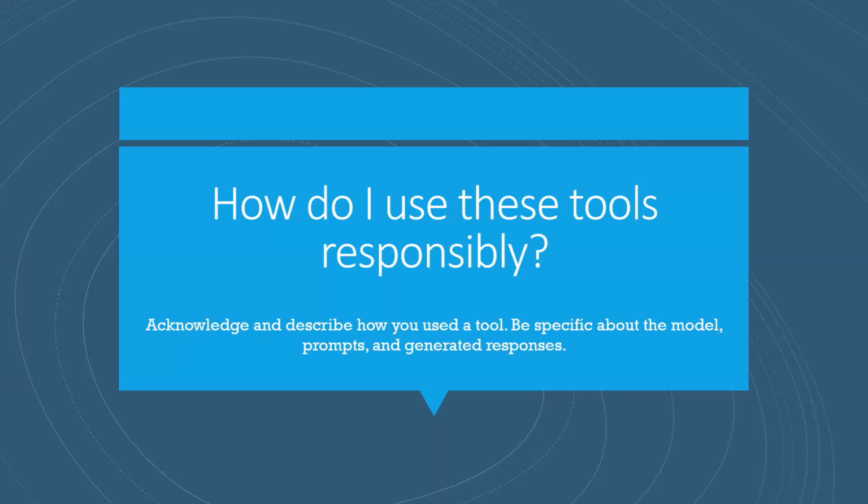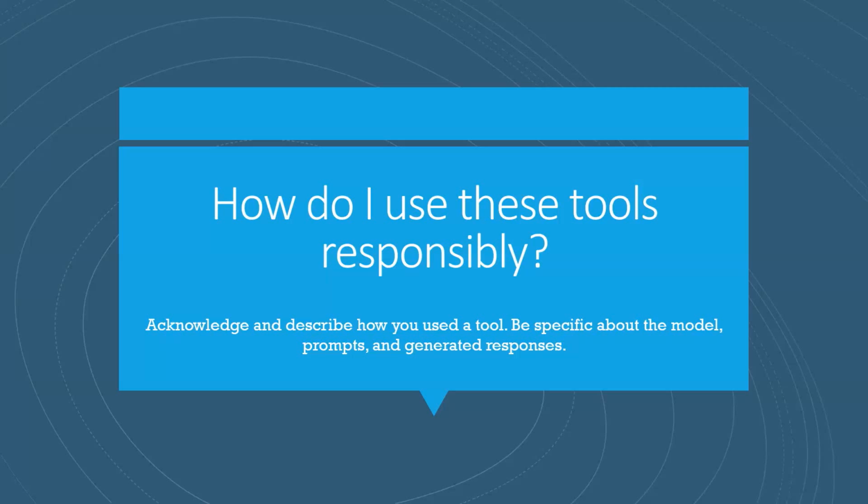So knowing that we can use these tools and how we might use them, how do I use these tools responsibly? Generally, in addition to being transparent and reporting, guidelines and style rules require exact descriptions of your use and specific details about the model you use.